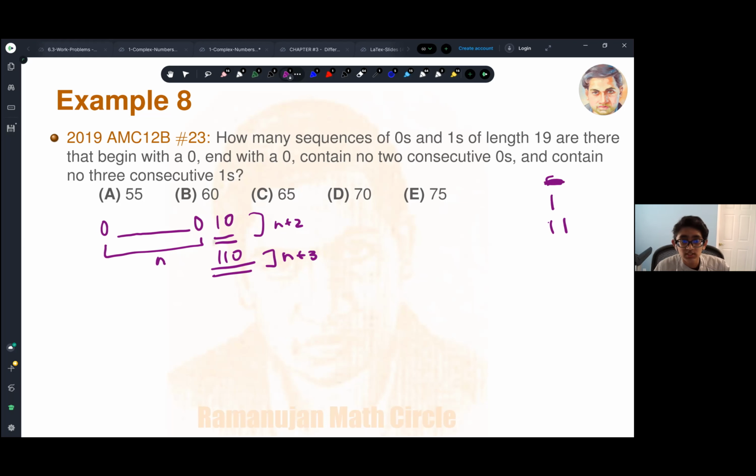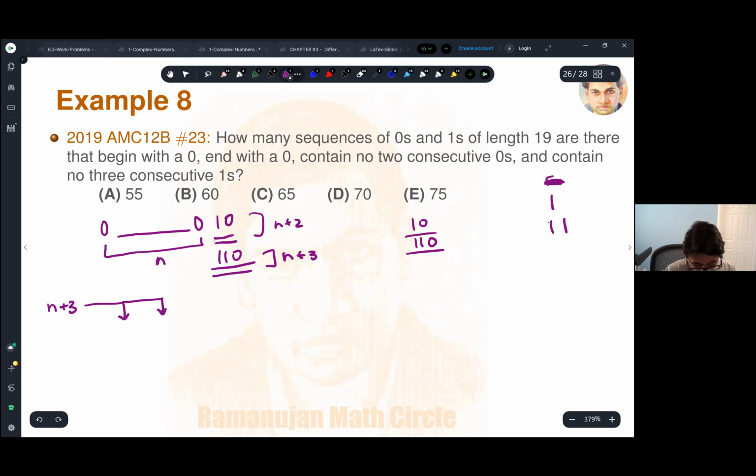So obviously you can't define a recursive sequence in terms of future terms. You have to go backwards. So assume there's a sequence of length n plus 3. The number either ends in 1 0 or it ends in 1 1 0, definitely, right?